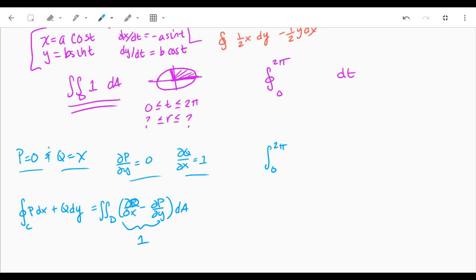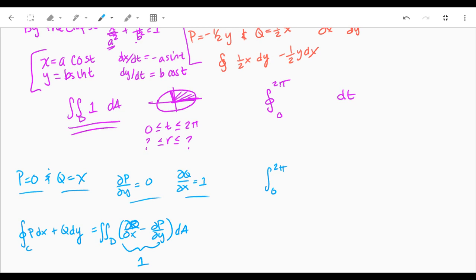Okay, so P is going to be 0, dx is negative a sine t. So that's just going to be 0. And then Q is x, and dy is b cosine t.